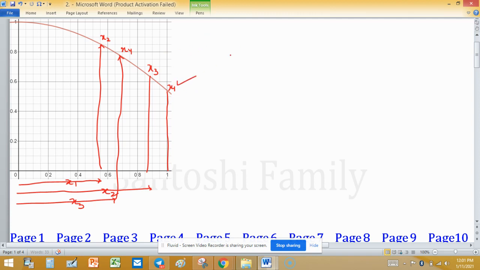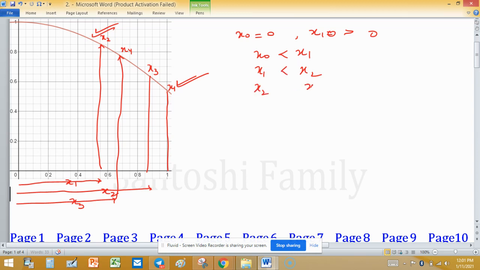x0 is 0, and x1 is cos 1, and cos 1 is some positive value, so it is greater than 0. So x0 is less than x1, and about x1 and x2, you can see clearly x1 is less than x2.